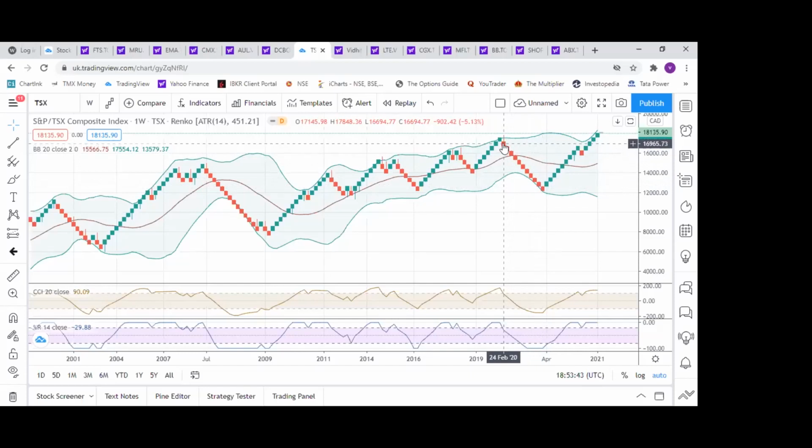The low is 16,600, 16,700, and 12,200. Yeah, 4,500 points, in less than 3 weeks.